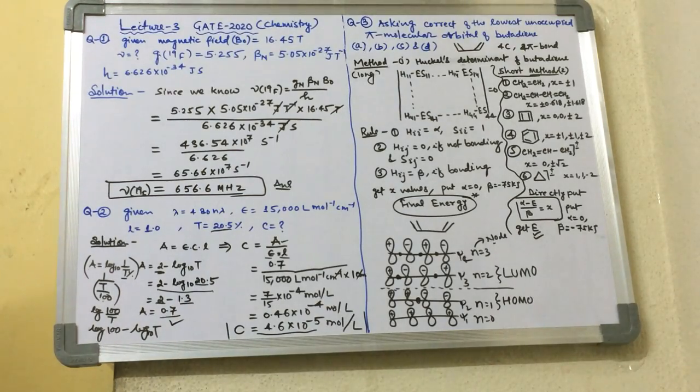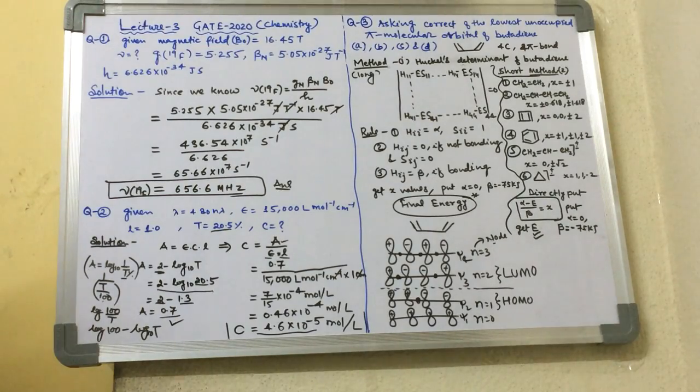So now the third question. The third question is basically given some options, and we have to choose which option is correct for this given butadiene, and also given the lowest unoccupied pi molecular orbital of butadiene.